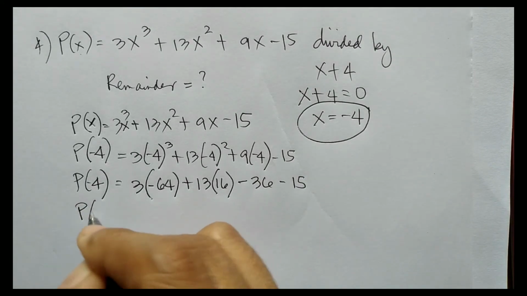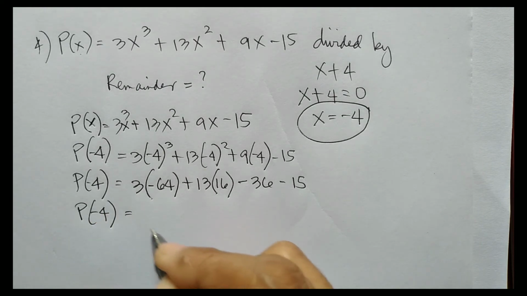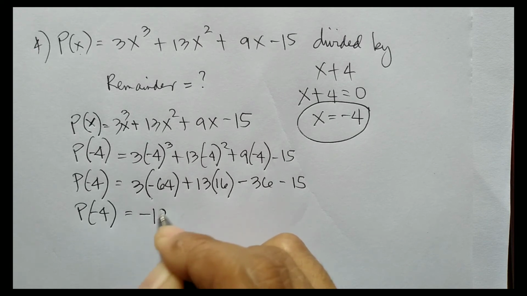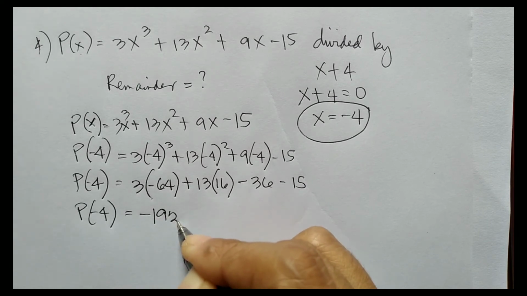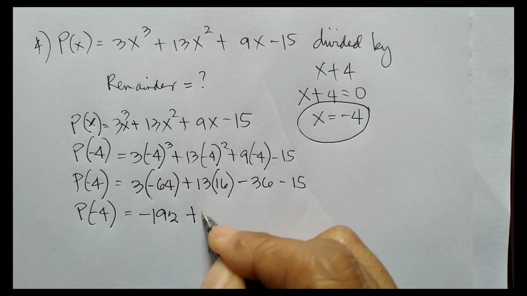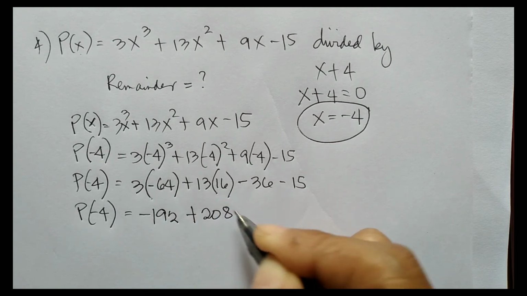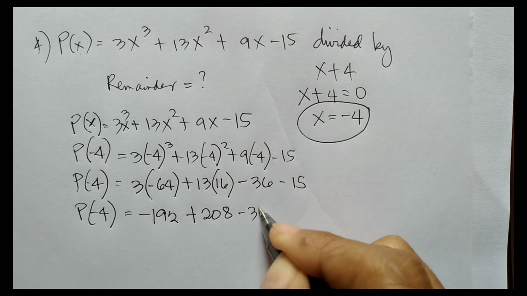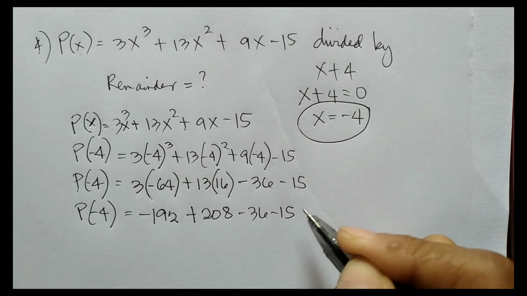So, p of negative 4 is equal to, this is negative 192 plus 13 times 16 is 208 minus 36 minus 15.